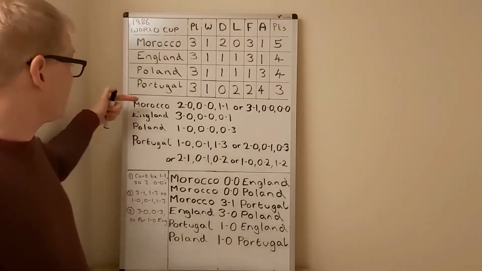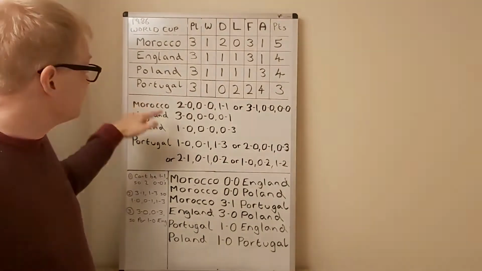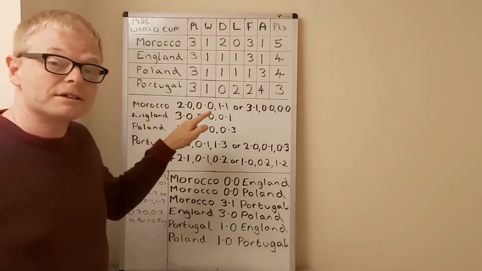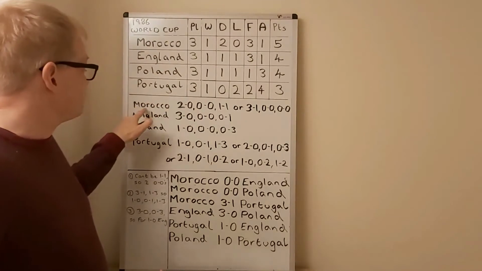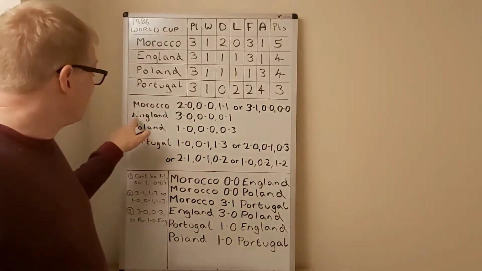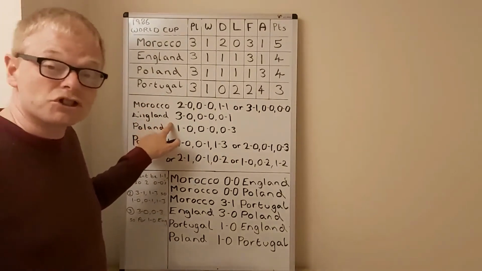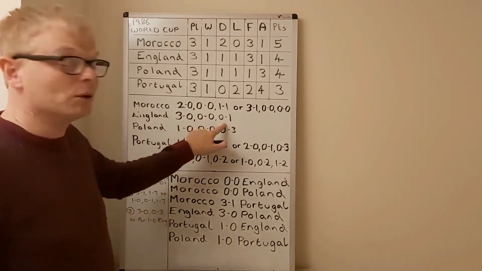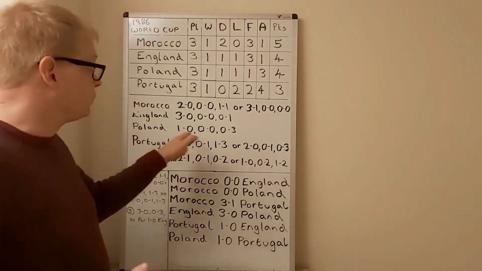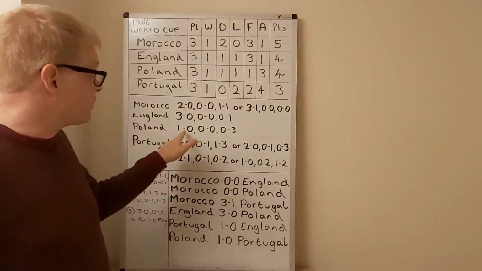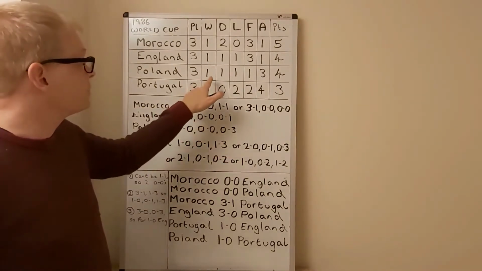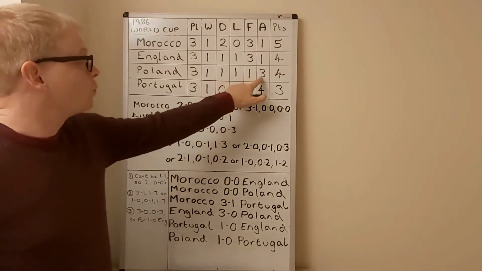So the way of working these puzzles is to look at all the different combinations from the 3 matches for each team. Last time we looked at England's results and it was quite straightforward. They just had 3-0, 0-0 and 0-1. We knew their results. And actually when you look at Poland, exactly the same situation. We could work out exactly their results. They won 1, drew 1, lost 1, scored 1, conceded 3.